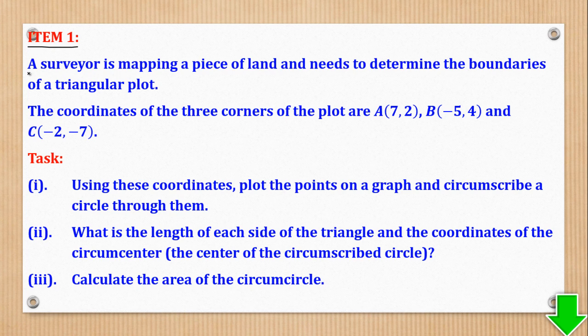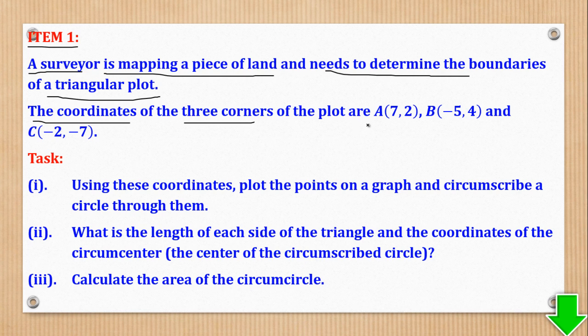Item 1 says, a surveyor is mapping a piece of land and needs to determine the boundaries of a triangular plot. The coordinates of the three corners of the plot are A, which is (7, 2), B, which is (-5, 4), and C, which is (-2, -7).